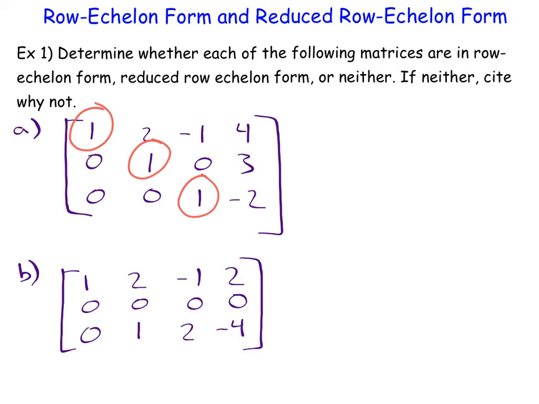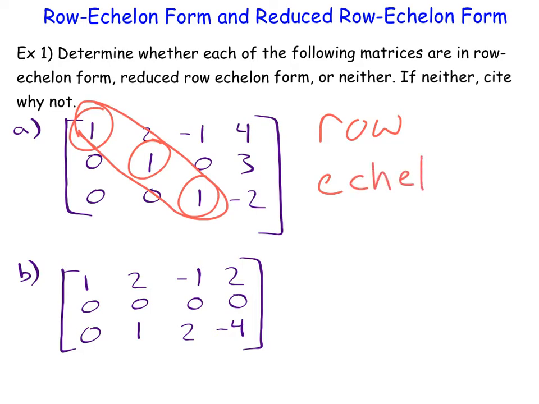And you can see that you kind of get this diagonal of leading ones that form. So for that one, I'm going to say it's in row echelon form.